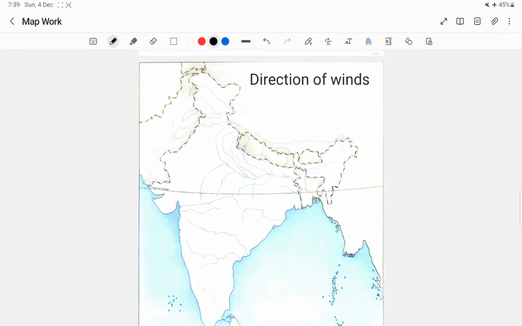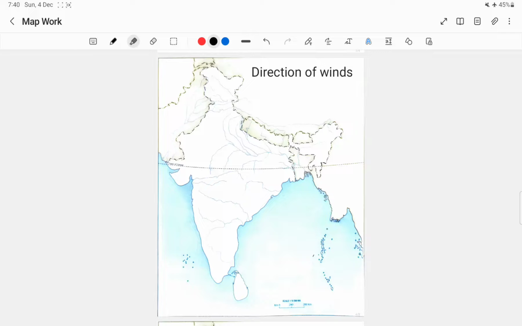So let's just mark the southwest monsoon winds first of all. For marking the southwest monsoon winds, we will make a total of 9 arrows. It's a trick, you should remember it for your exams. It will be easy to remember. So let's just count the arrows now.